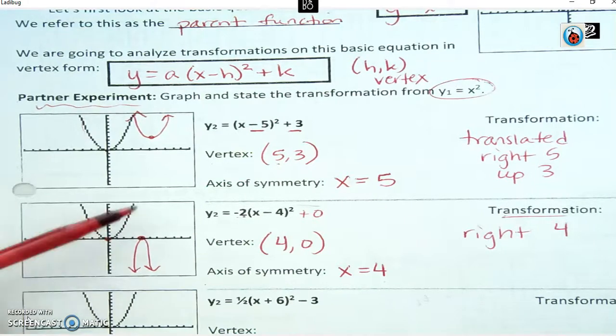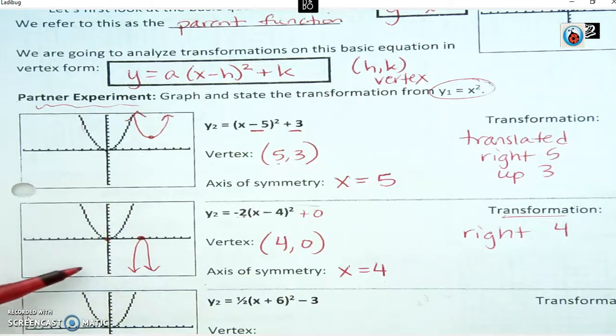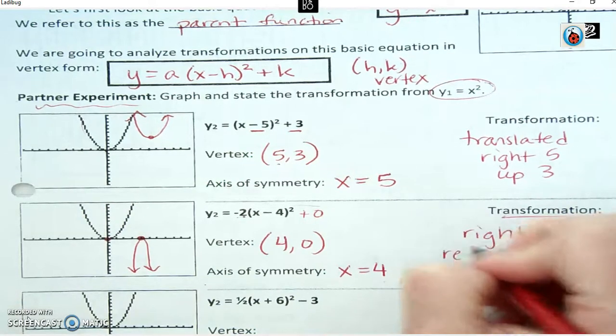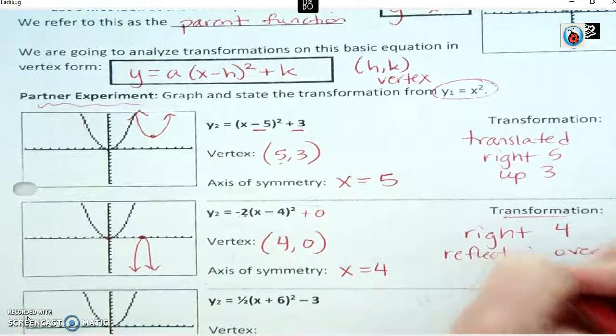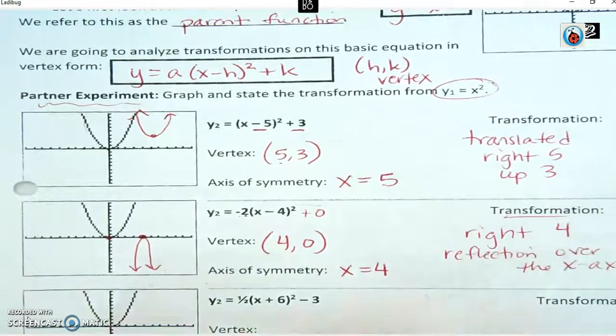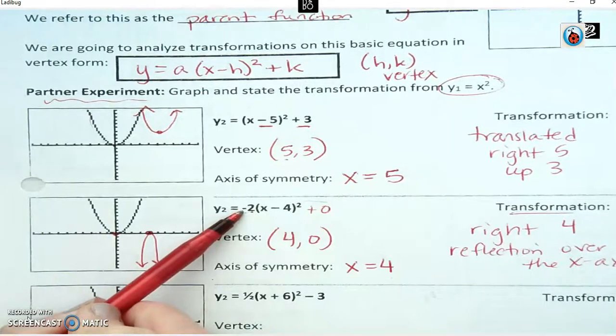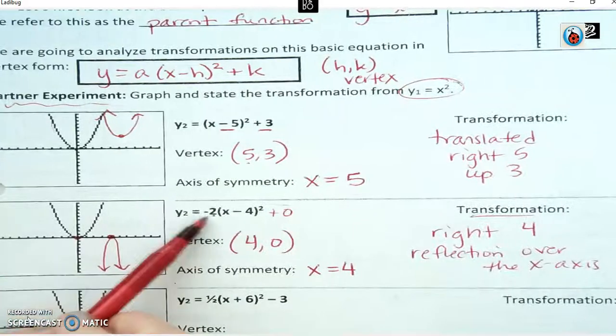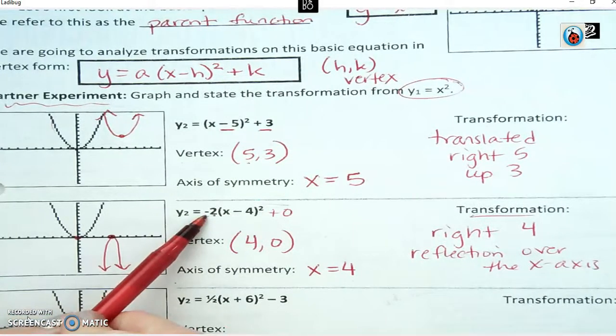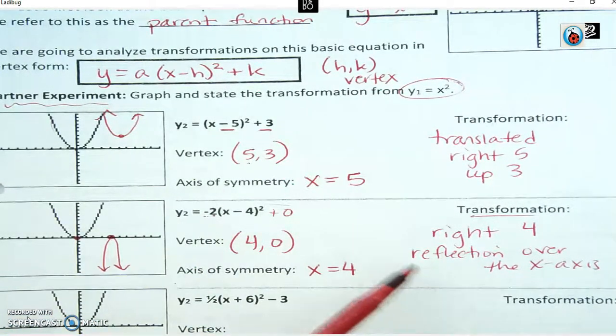It is a reflection over the x-axis. The negative in front is what makes it open down. So that's what makes it reflect over the x-axis.